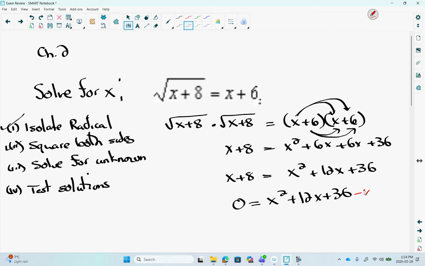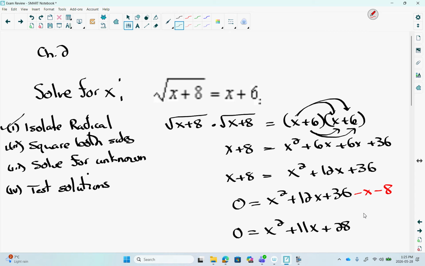I subtract x and I subtract 8, or I move the positive x from the left to the right and the positive 8 from the left to the right, and they would both become negatives. Group your like terms. 36 minus 8 would be 28. 12x minus 1x is 11x.